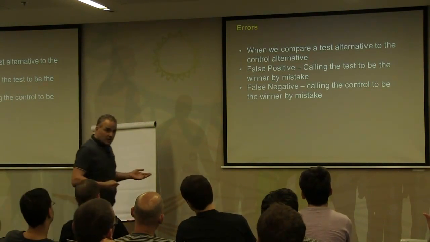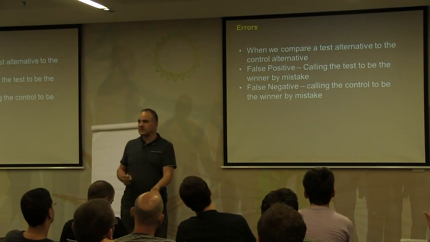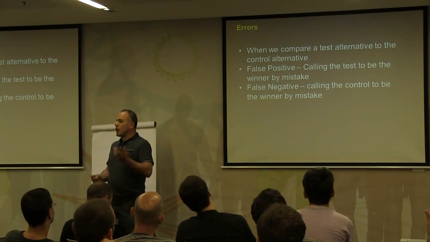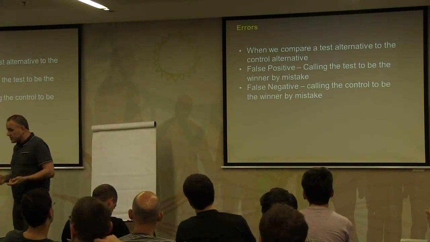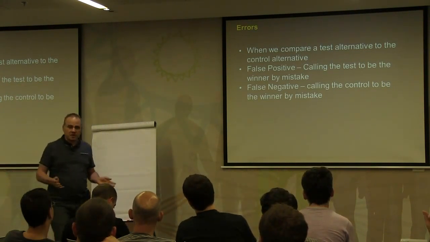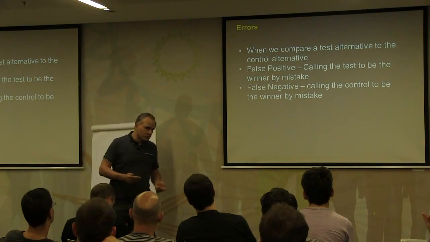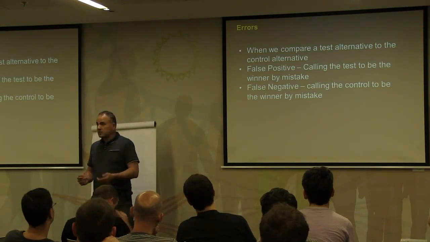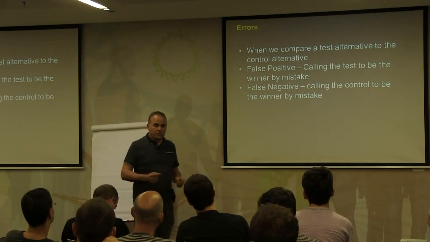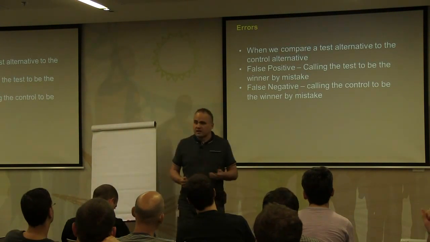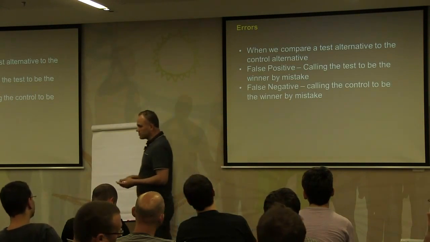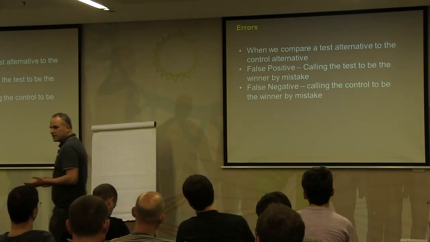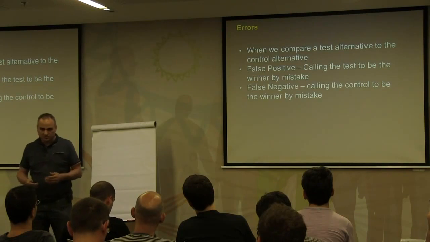Usually, as I said, in the setting that I presented, I want to test two alternatives, A and B, and find out which one is better. So there is a truth about which one is better. I don't know the truth. Usually I will never know the truth. I can run a test and make my call based on the test, but I will not know whether I made it right or not.